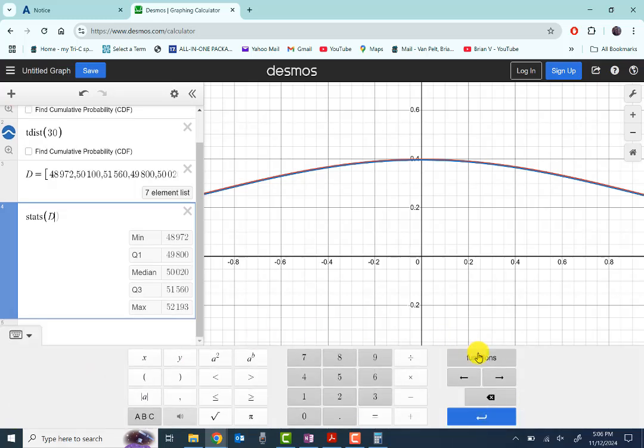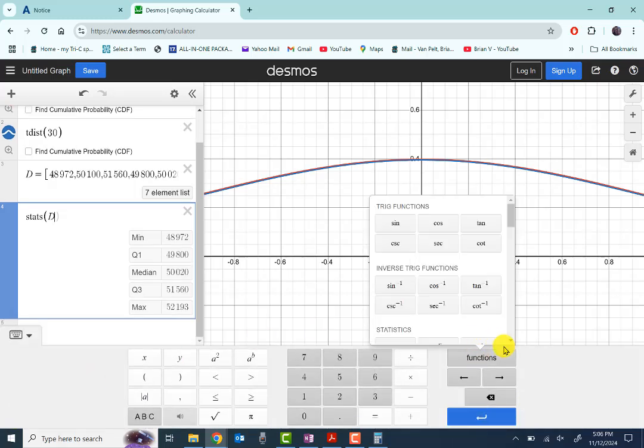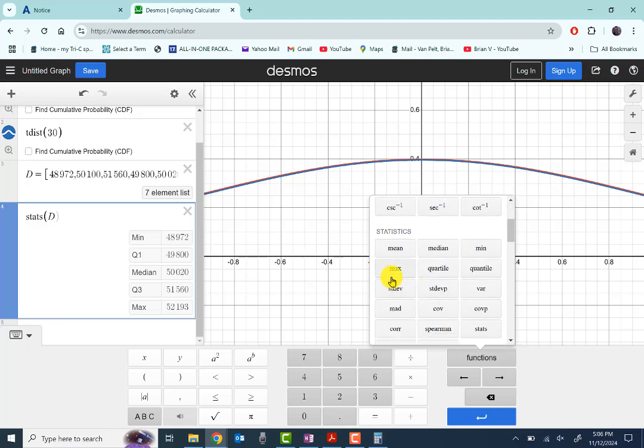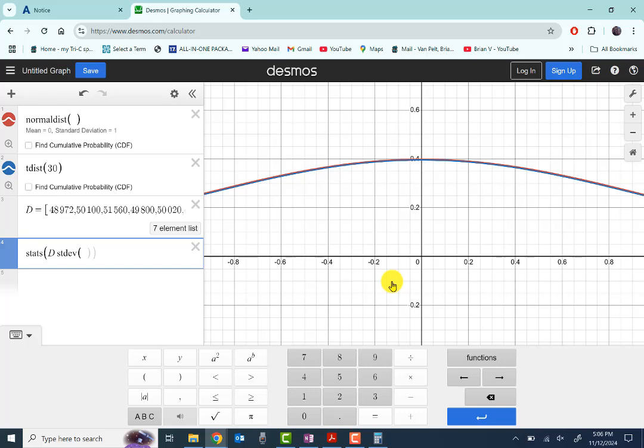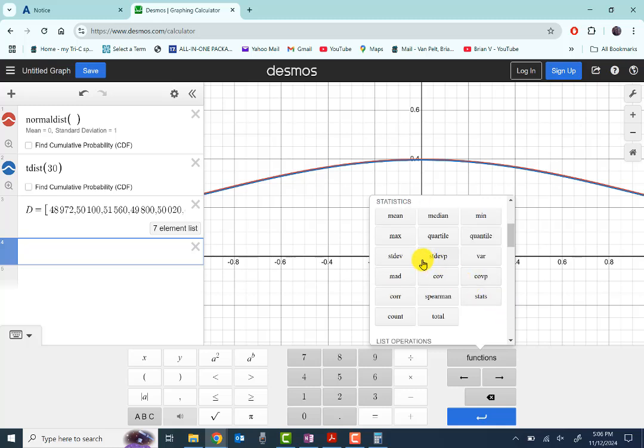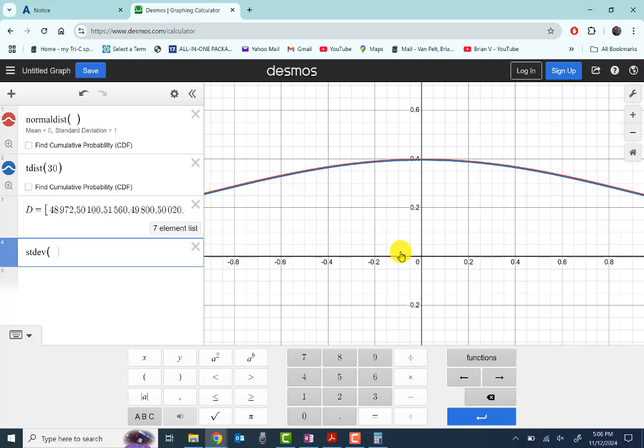I think I better get something else. So let's pop over here into functions and see what we've got. Oh, here we are. Standard deviation. Okay. I don't want it inside of there. Let me choose it again. Standard deviation.